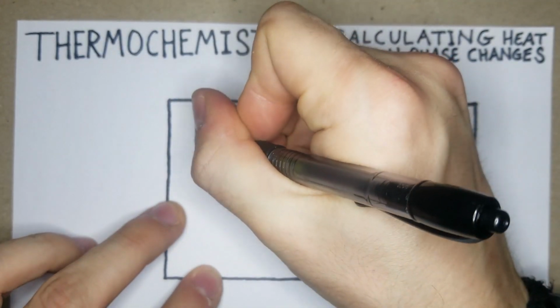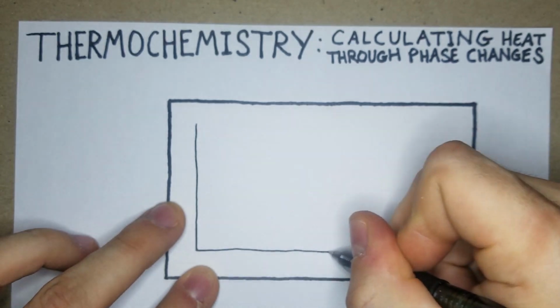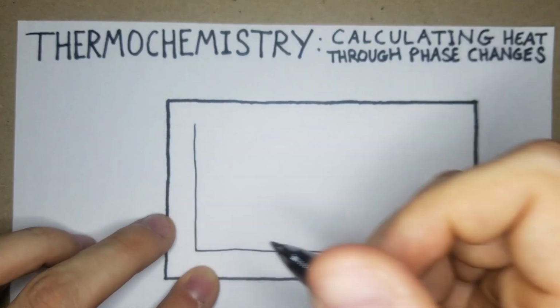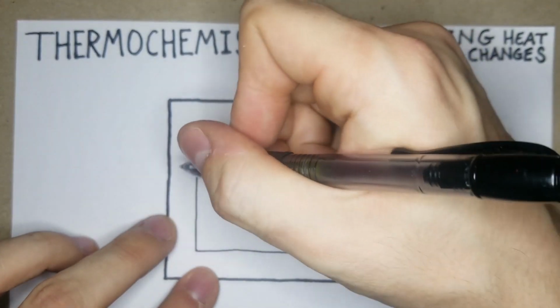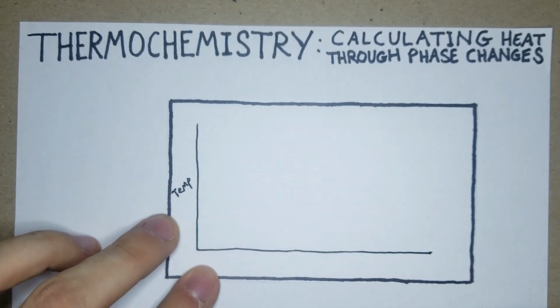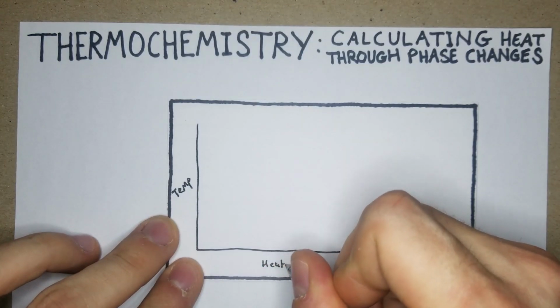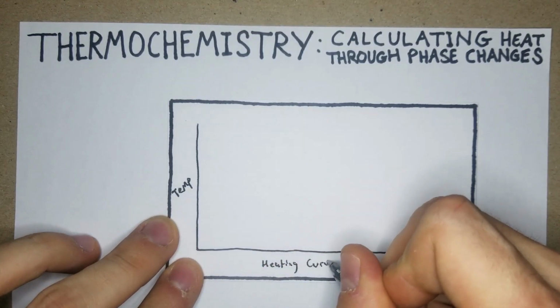First of all, we have a basic y-axis and an x-axis, and on the y-axis we're going to have temperature. We're not going to worry about specifics, and here we're just going to put heating curves.